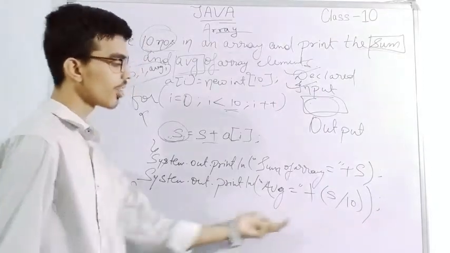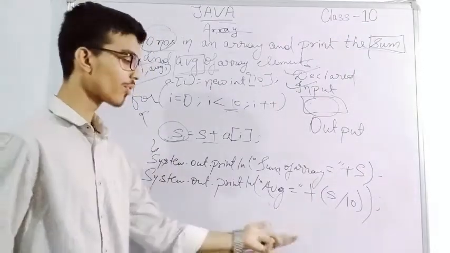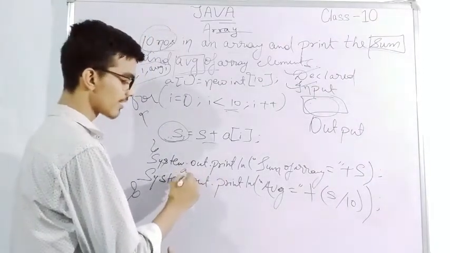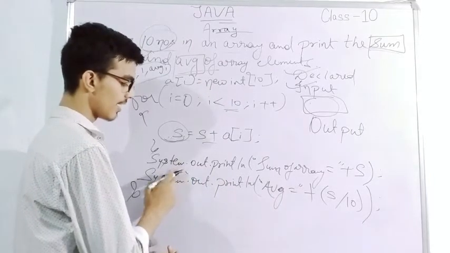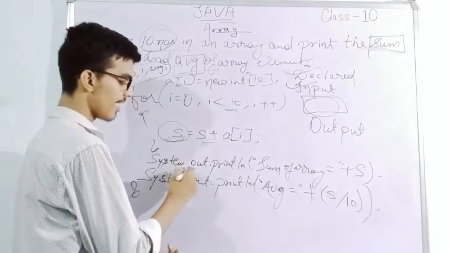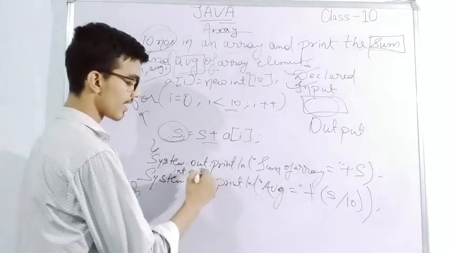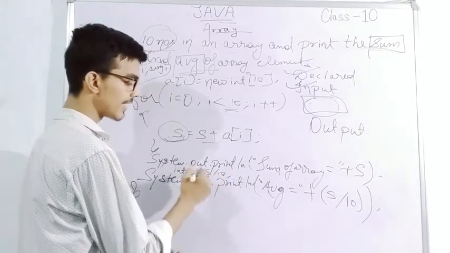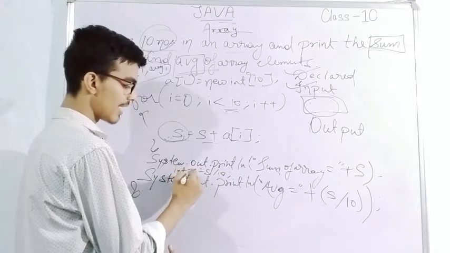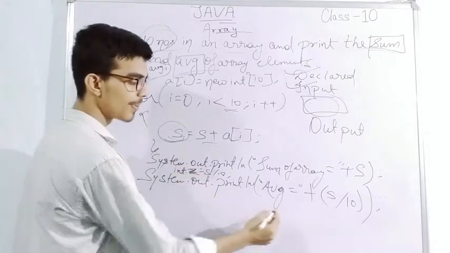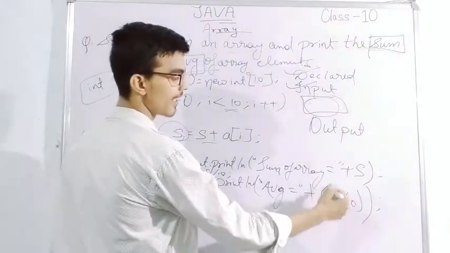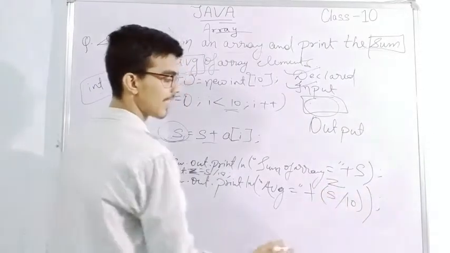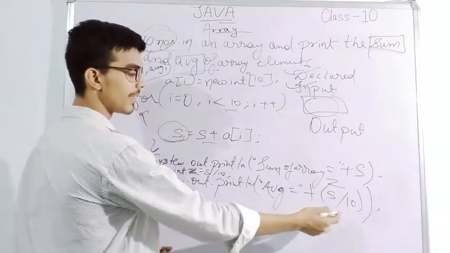This is one way. In another way, we can take one extra variable, int z, first calculate s by 10 in z, and then print z in place of this, and the average will be printed.